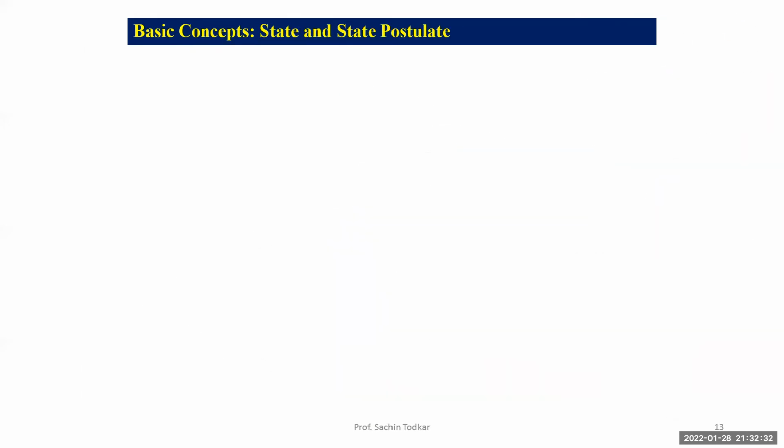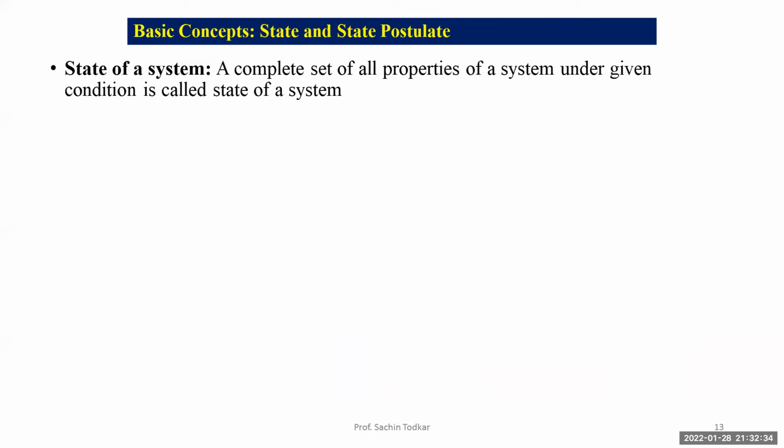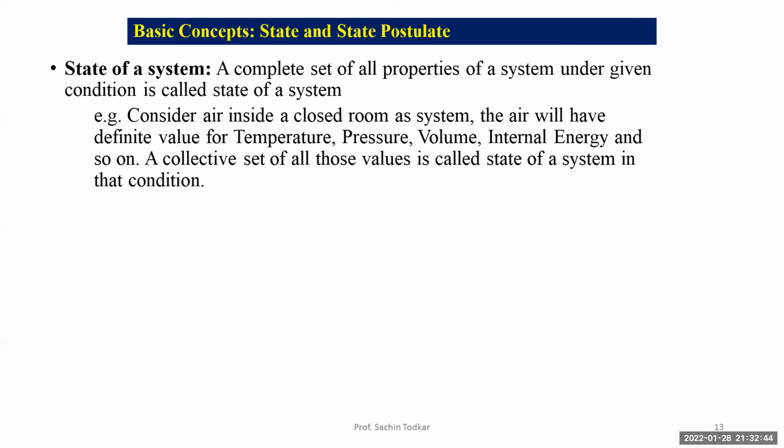State and state postulate. State of system: a complete set of all properties of a system under given condition is called the state of a system. For example, consider air inside a closed room as system. The air will have definite values of temperature, pressure, volume, internal energy, and so on.